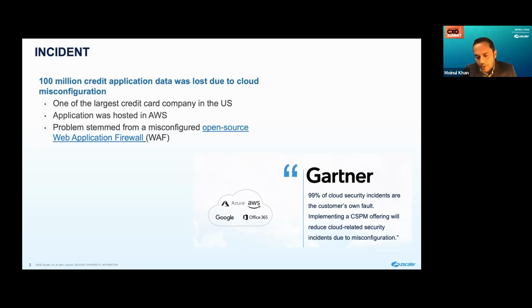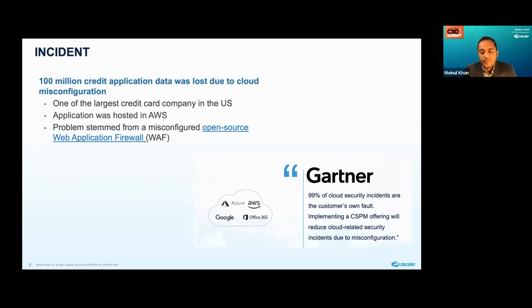The interesting thing about this attack was, it wasn't rocket science from the hacker's perspective. The hacker was using a very well-known method called server-side request forgery, where you can trick a server, a workload, to respond to your command when it is not supposed to. So again, a simple misconfiguration, very small effort from the hacker's perspective, but the damage was significant.